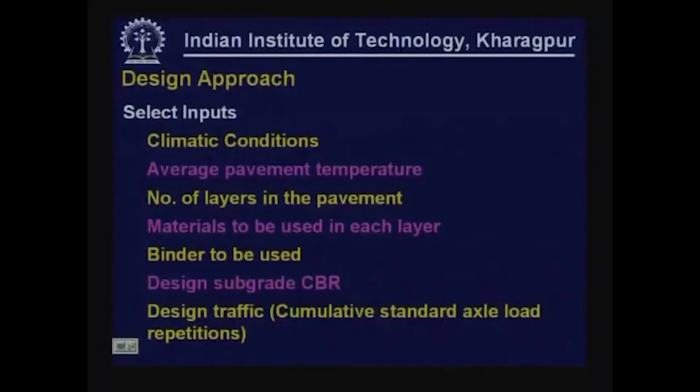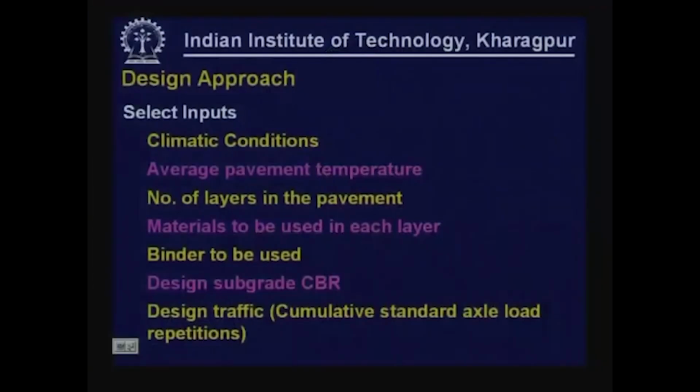These conditions will influence in selecting the appropriate type of surface material, the number of layers that we are going to propose in the pavement system, the materials that we are proposing to use in each layer, the binder we are proposing to use, and the design subgrade CBR, the material has to be tested and this value has to be obtained, and the design traffic in terms of cumulative standard axle load repetitions.